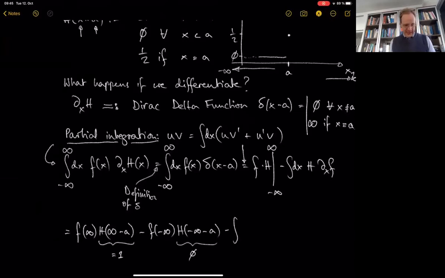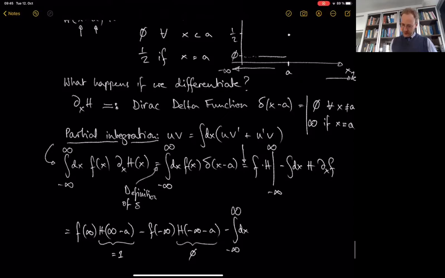And then we have, of course, our integral dx, and now we're going to do another trick. Let me write this out. This is from minus infinity to plus infinity. We're going to divide this integral into two integrals.